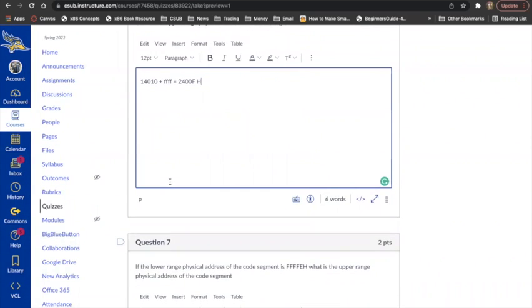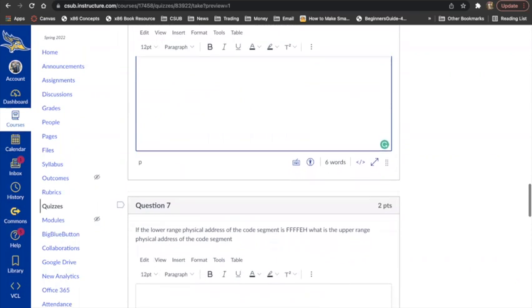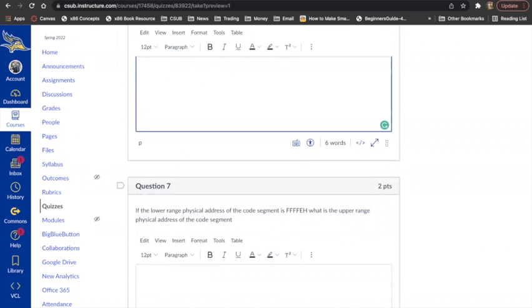Now on to the next question. Okay, if the lower range of the physical address of a code segment is FFFFEH, what's the upper range of, let's see here.